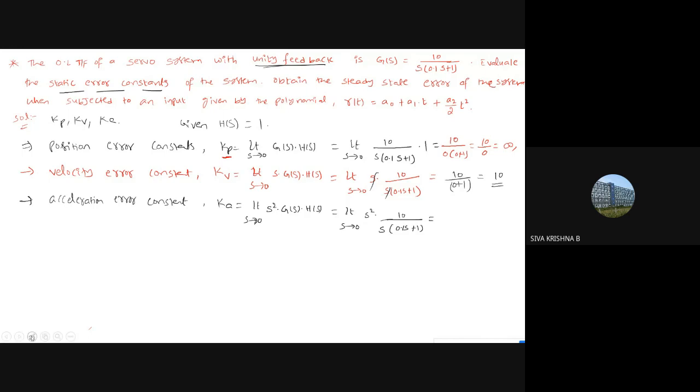So there is a cancellation of s square and s. Remaining in the numerator you have an s term. If you apply s tends to 0, it becomes 0 into 10 divided by (0 plus 1). So numerator 0 by 1 equals 0. So these are the Kp, Kv, Ka values.